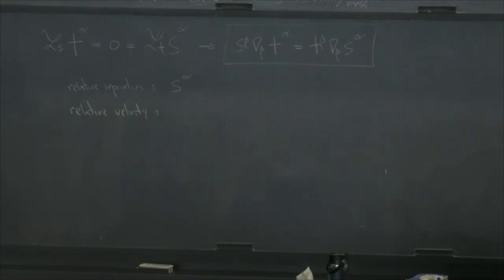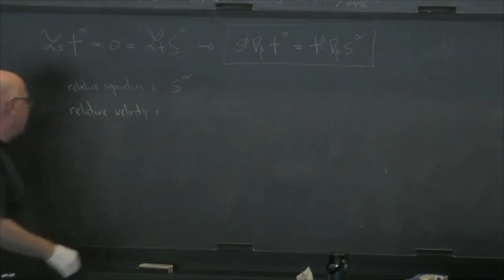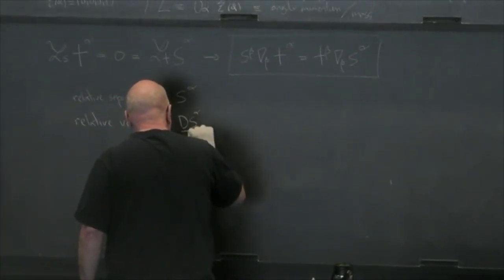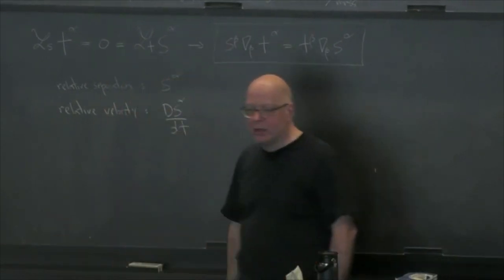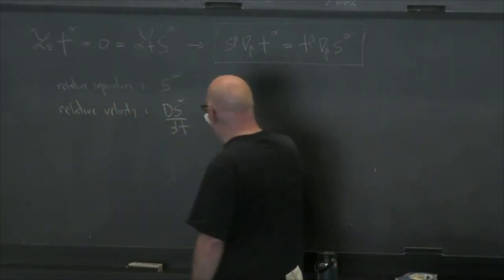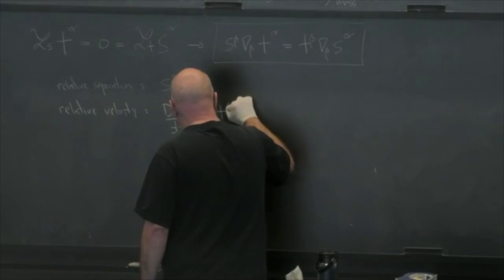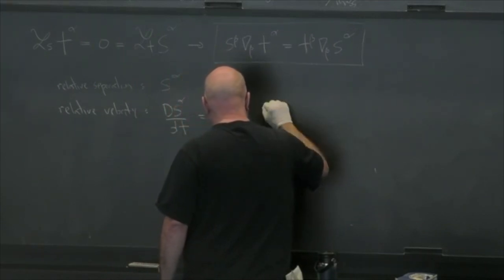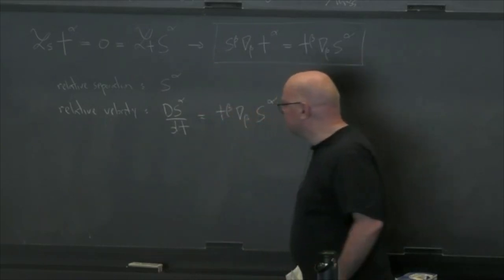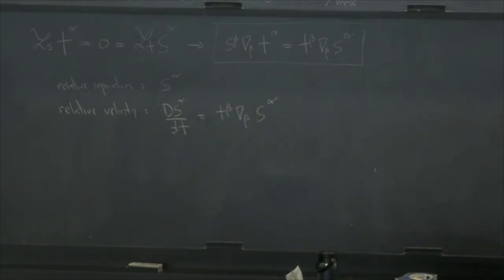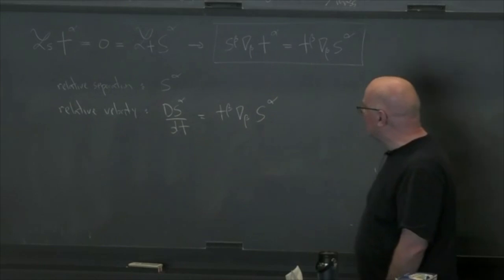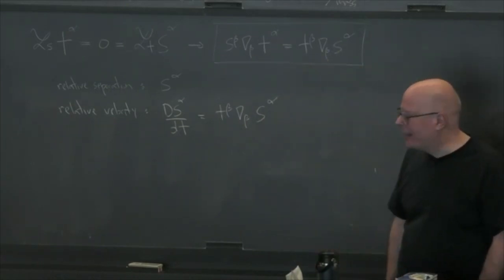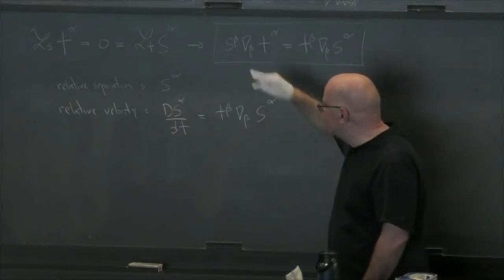So it's going to be the covariant derivative of that vector in the direction of the geodesic. So I can write it like this, or I can write it like that. So it's the same thing we had here, and at some point I'm going to write it like this instead.